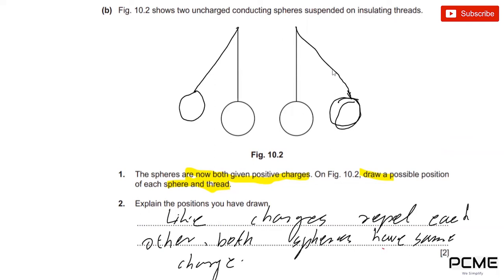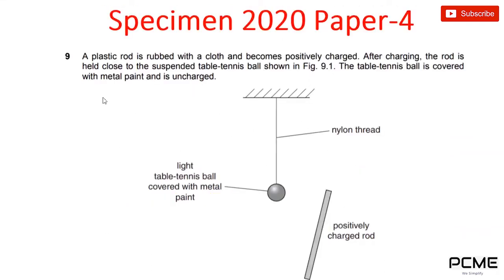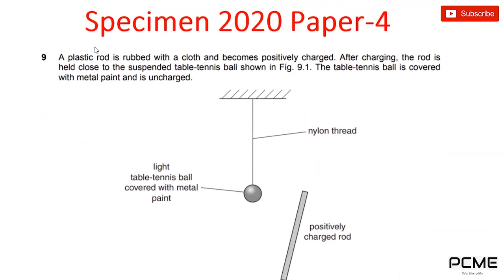Okay guys, let's move to another example. This one is a Specimen 2020 paper 4 question. Now the question says that a plastic rod is rubbed with a cloth and becomes positively charged. It was neutral before, but due to the friction, it becomes positively charged. Now after charging, the rod is held close to a suspended table tennis ball shown in figure 9.1.